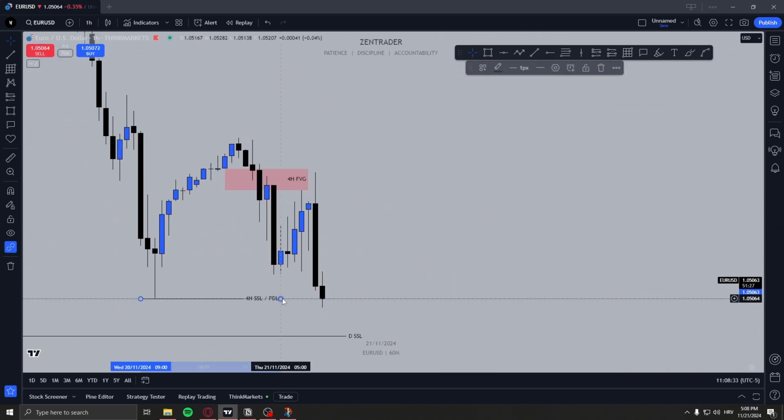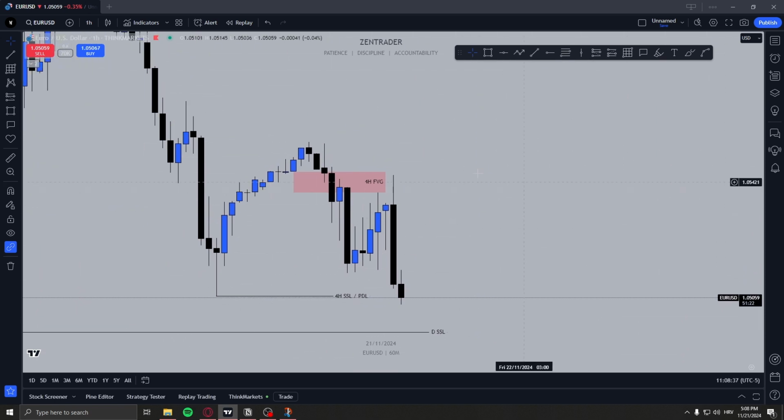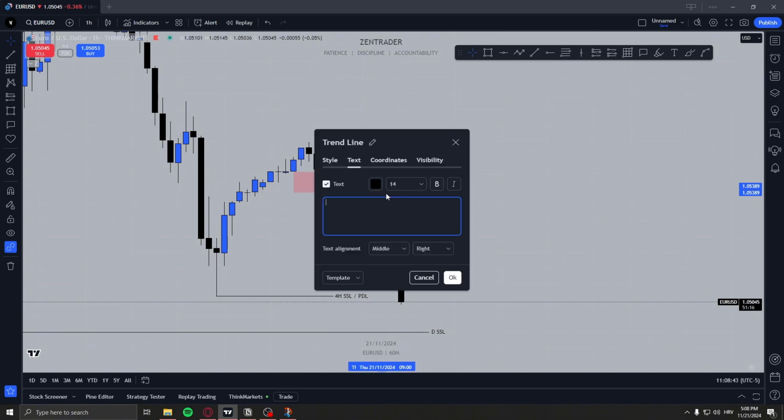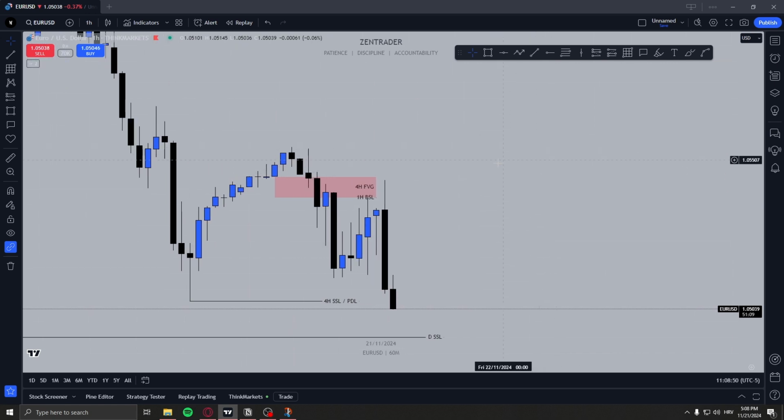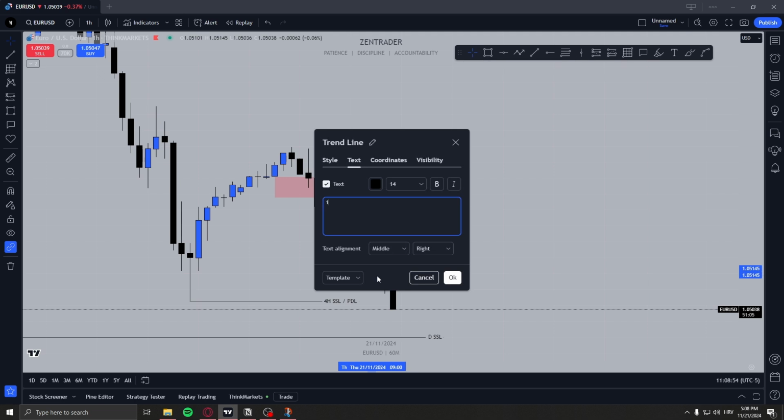Let's see here. Okay, so here we can see that we have this right here. Okay, this right here is a 1-hour buy side liquidity. Okay, boom, and this right here is 1-hour sell side.